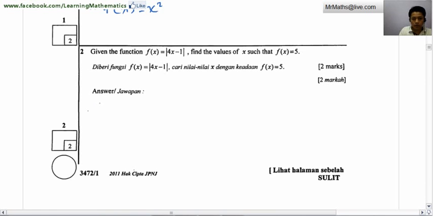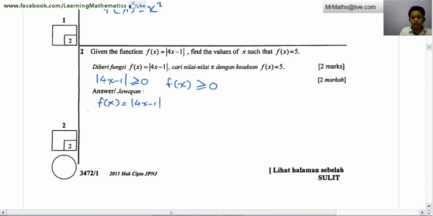Okay, then we know that f(x) can never be any less than 0, because it's a modulus. f(x) is always greater or equal to 0 because of the modulus of 4x minus 1.